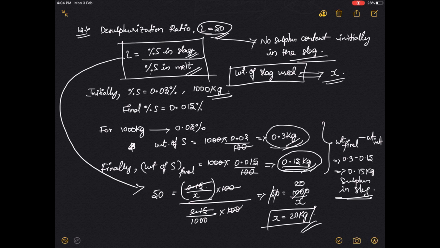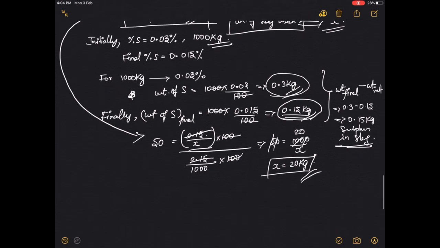Okay, so this is a simple formula based question which is for 2 marks in this year, and also we have covered pretty much the same example in my previous videos which is presented in my iCard. Okay, so the answer is 20 kg of slag.